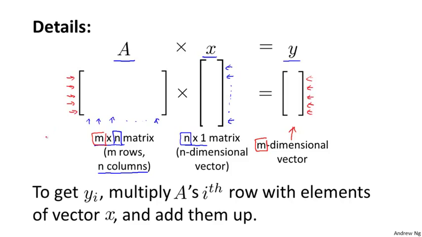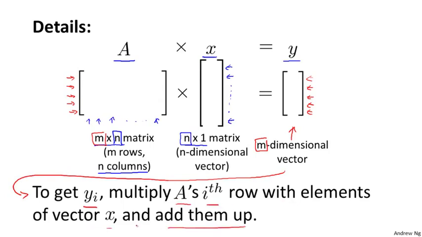So how do you actually compute this vector y? Well, to get yi, the process is to multiply A's ith row with the elements of the vector x and add them up. So here's what I mean. In order to get the first element of y, that first number, whatever that turns out to be, we're going to take the first row of the matrix A and multiply them one at a time with the elements of this vector x.